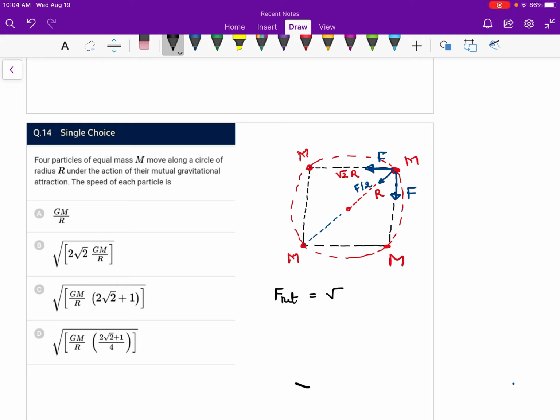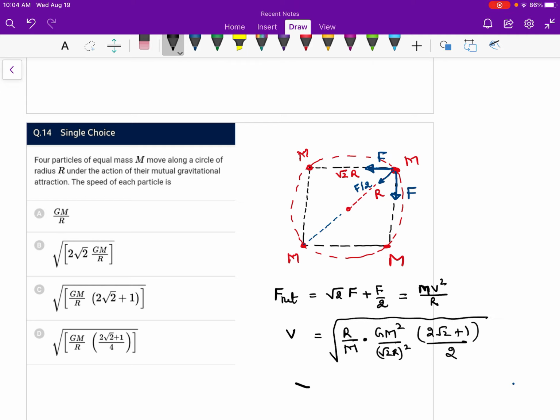The net force directed towards the center is root 2 F plus F by 2, and that is equal to mv square by r. So v is under root of r upon m into F, which is G m square upon root 2 r square into (2 root 2 plus 1) divided by 2, whole under root.